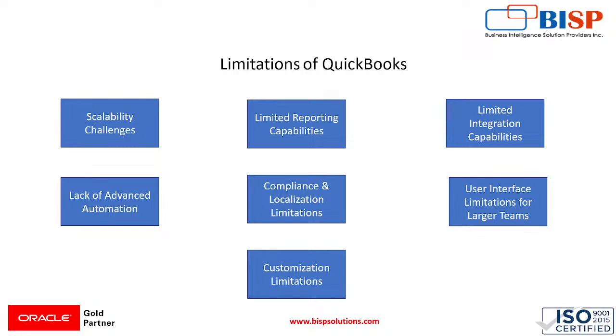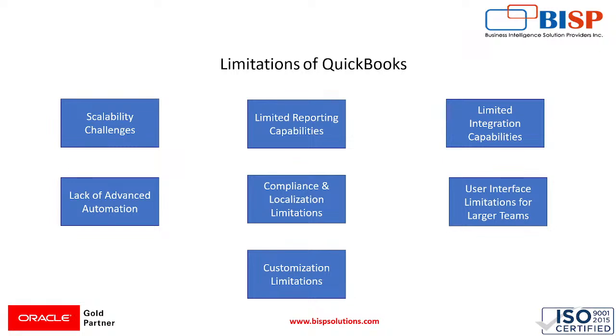The second thing is lack of advanced automation. QuickBooks only provides basic automation features but lacks the depth of automation like Oracle Fusion. As you all know, Oracle Fusion is a deep ocean where we can handle large scale financial operations or complex approval workflows.